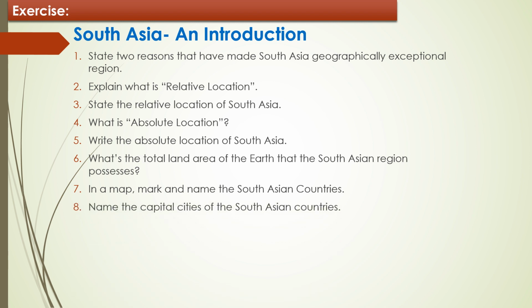Name the capital cities of the South Asian countries. So you need to draw a table in your exercise book. In the first column you write the countries, and in the second column you can mention the capital cities for the respective country.